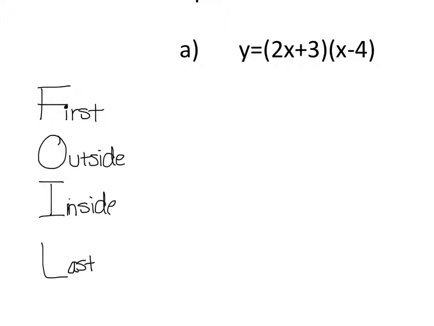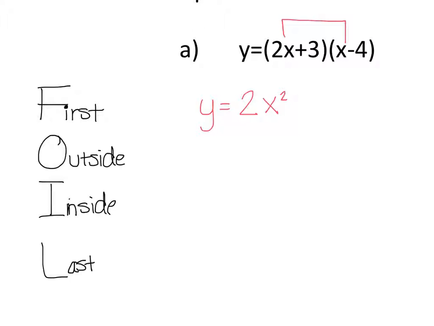So we will get that y equals our first terms, which are 2x and x multiplied together. What do those make? 2 times x times x. So that makes 2. What's x times x? x squared. So our first term is 2x squared.